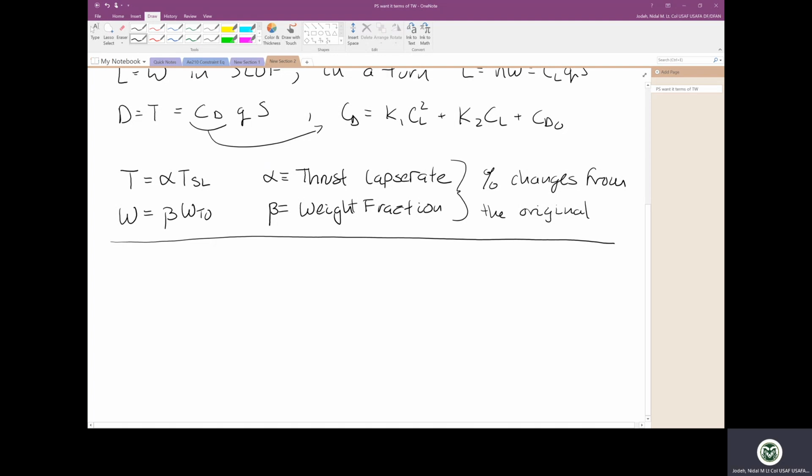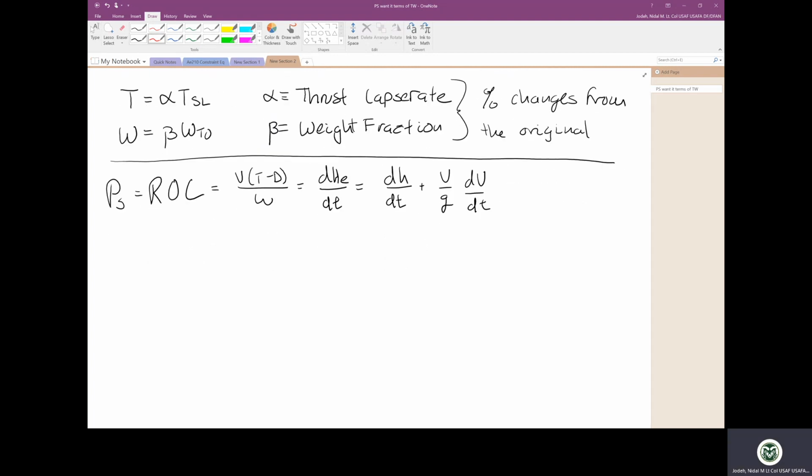So we wanted to get to thrust to weight in terms of wing loading, and we're going to start with P sub S. So you recall that our P sub S equation was nothing more than the rate of climb, right? And rate of climb was velocity times the difference between thrust and drag over weight, which is the derivative of energy height with respect to time, which we defined as dH dt plus V over G dV dt.